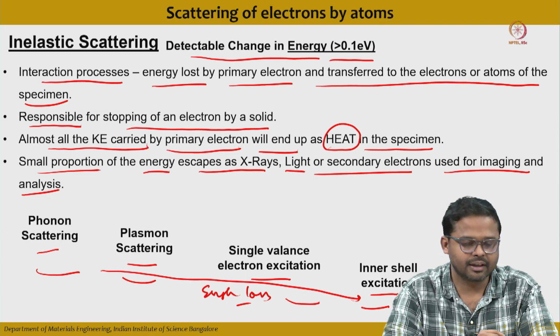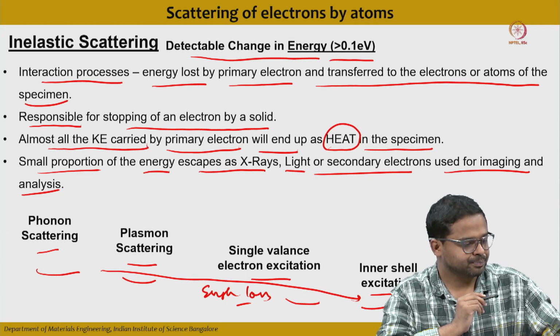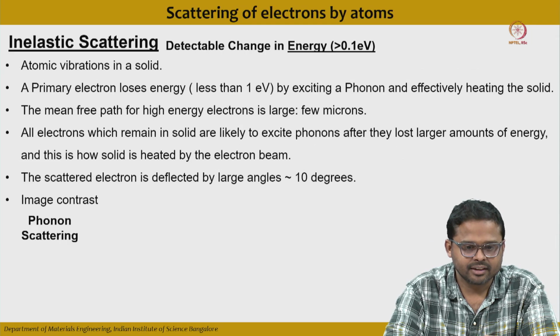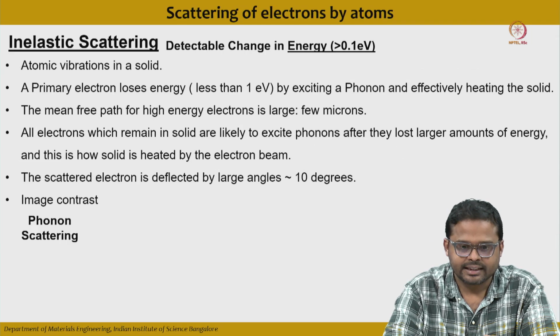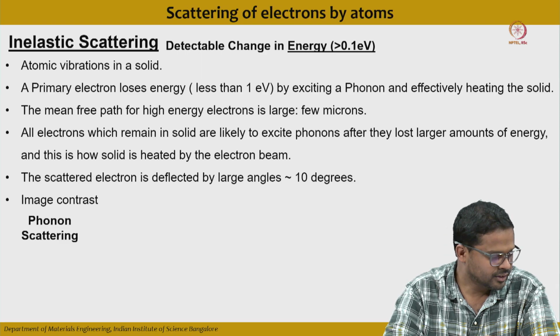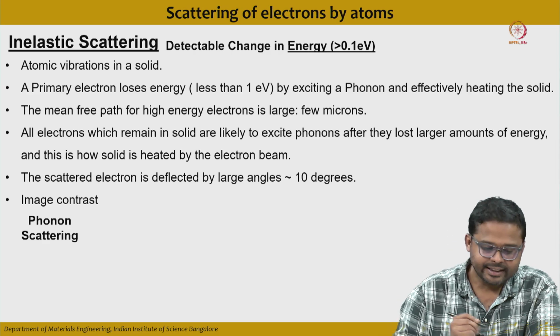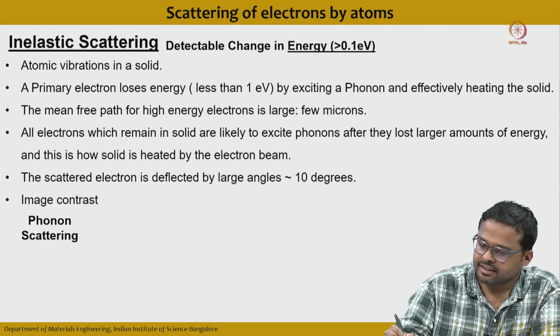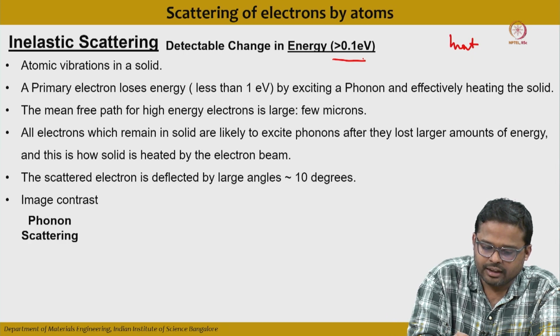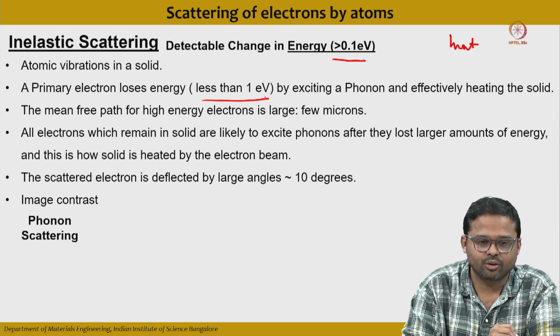So, first we will cover phonon scattering. What is phonon scattering? Usually when an electron interacts with the sample, it will develop atomic vibrations in the solid. Phonon scattering is the result when the level of loss is less than 1 electron volt.